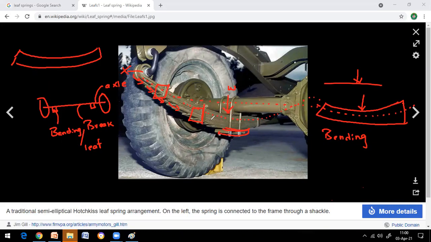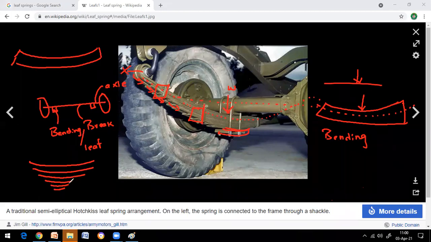Do you understand? What do I mean? By providing each plate with an equal radius, the same radius. If you take the first spring, what is the bending curvature? Like this. The second spring also bends with the same radius, but with a reduction in length. The third spring also bends in the same radius with reduction in length. So each plate has the same radius so that they contact only at their edges.